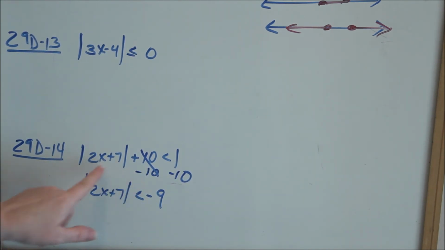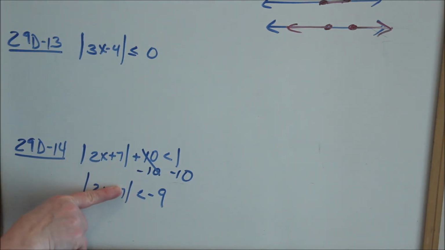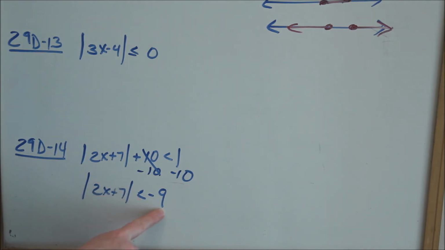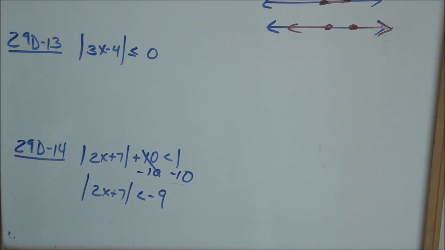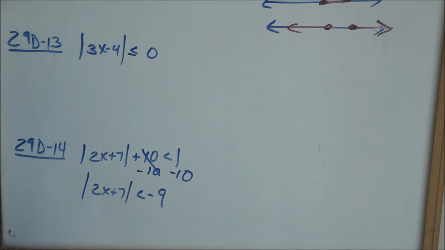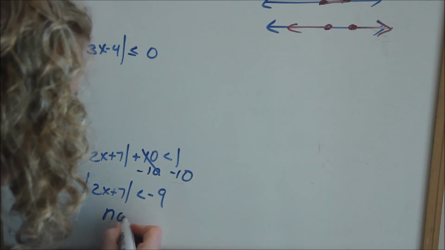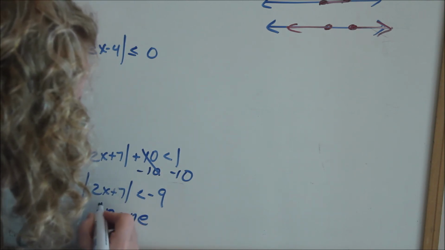But when you take the absolute value of any number, it will always be positive. I don't care what is inside here. I could cover all that up. The absolute value of anything is a positive number. And a positive number will never be less than a negative number, ever. It will not be less than negative 9, because when you take the absolute value, it's always positive. So this is none. No solutions.